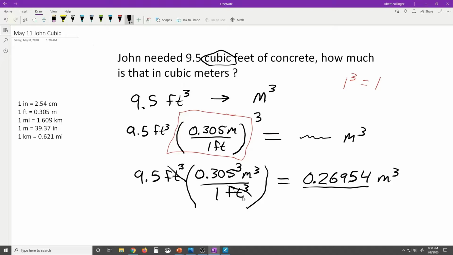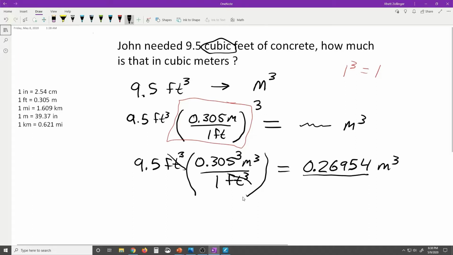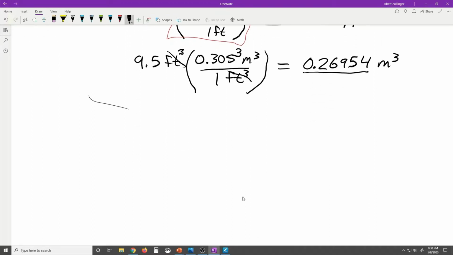So try out the problems I have on homework for unit conversions. The biggest mistake I see is when something is squared or cubed. In fact, maybe let's just really quick try what happens if, let's just make up a number.